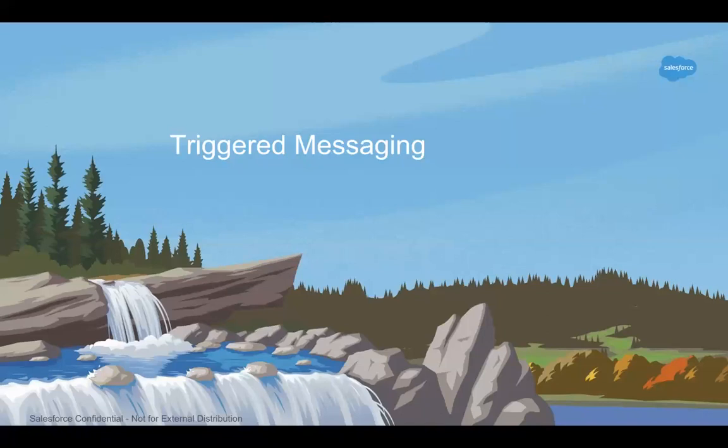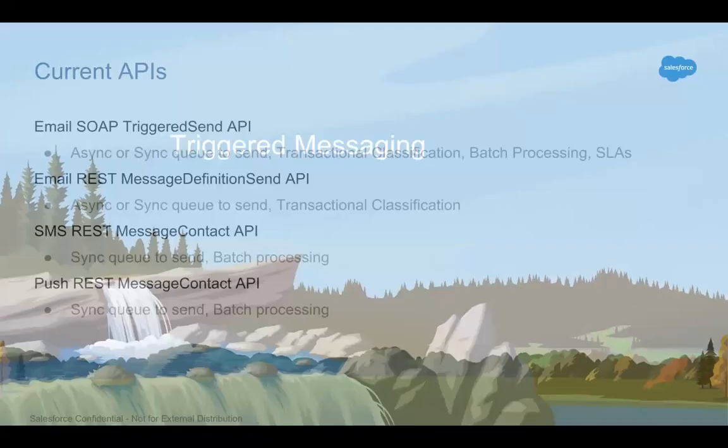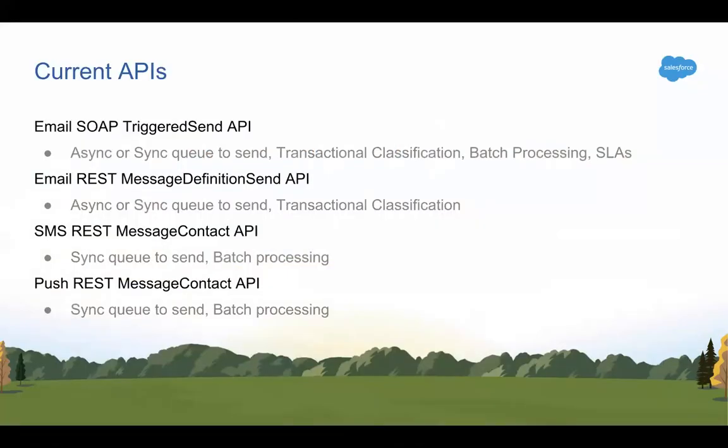So I'm going to talk a little bit about what we have today and then move into the new transactional messaging, just to familiarize everybody. Today I bucketed them into 4 different APIs in order to send messages across our channels. We have our existing SOAP, which is probably the most utilized way of triggering messages and transactional message types.